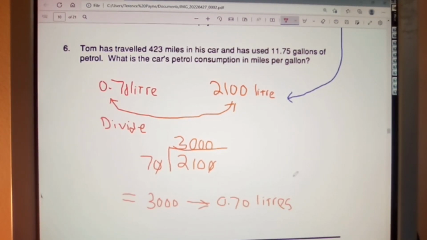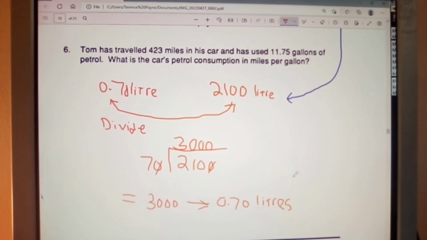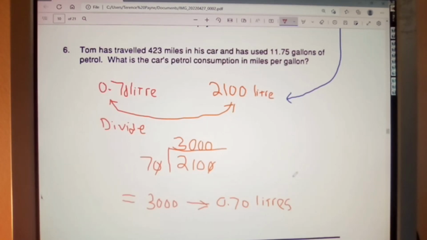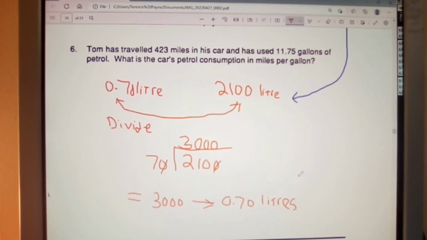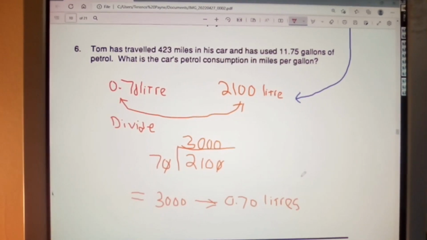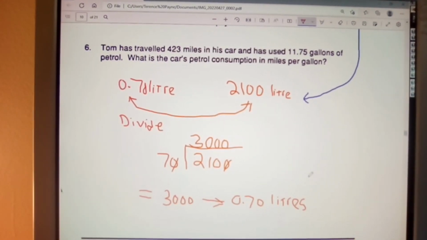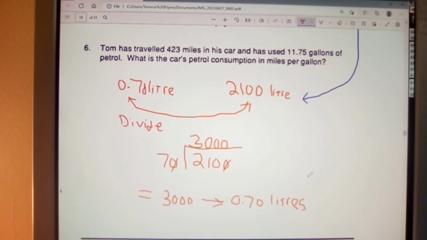I'm just trying to see if I can show this in a different way. Yeah, that's the best way I can think of showing it.